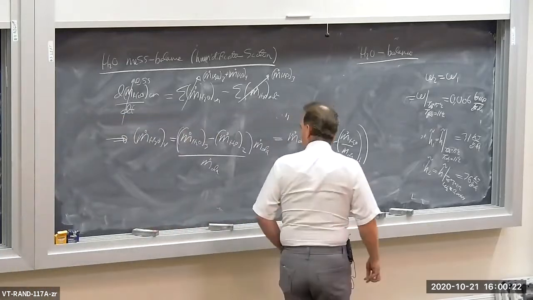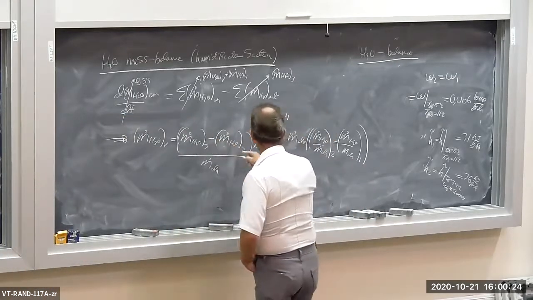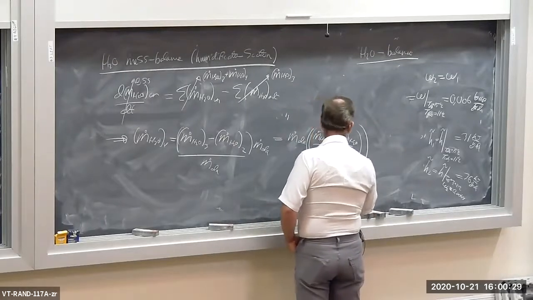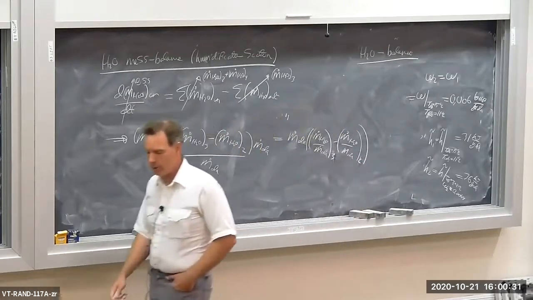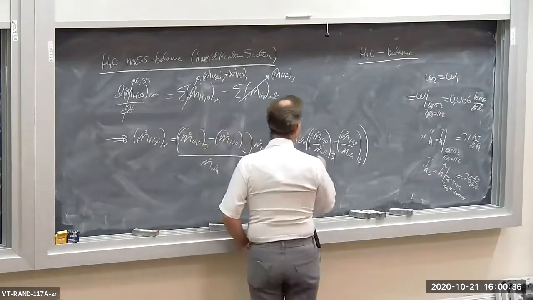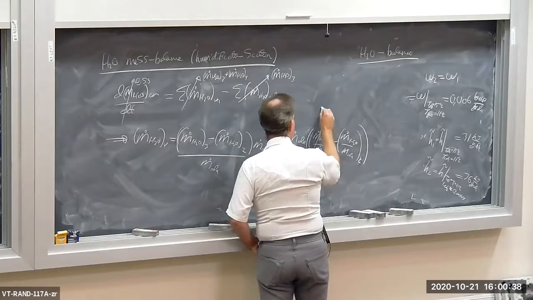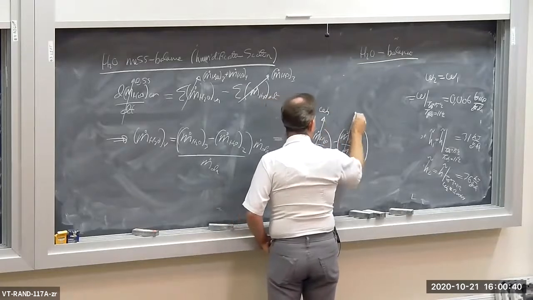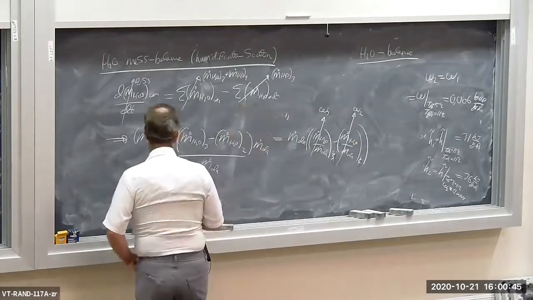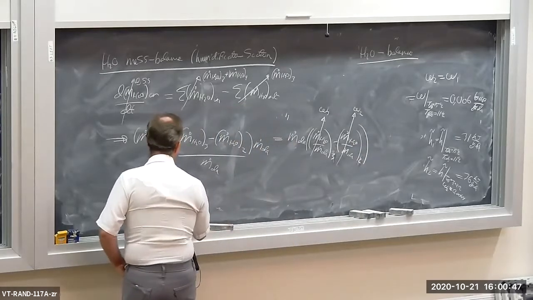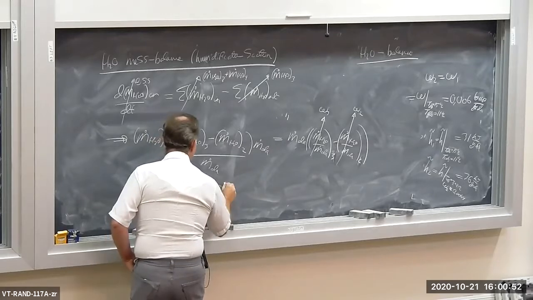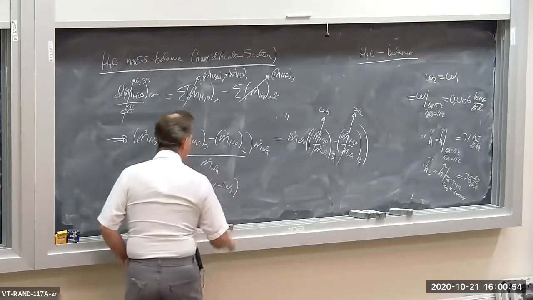So m dot dry air 2 is equal to m dot dry air 3. This is the humidity ratio at the outlet, so this is omega 3, and this is omega 2. So m dot H2O is equal to m dot for the dry air times omega 3 minus omega 2.